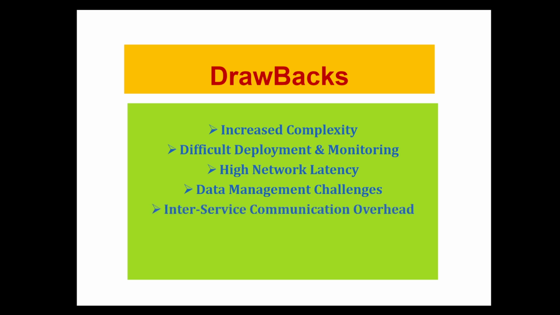And there is inter-service communication overhead as well, because services rely on REST APIs, GraphQL or gRPC or message brokers like Kafka, RabbitMQ. So poorly designed communication can cause bottlenecks and increase latency.